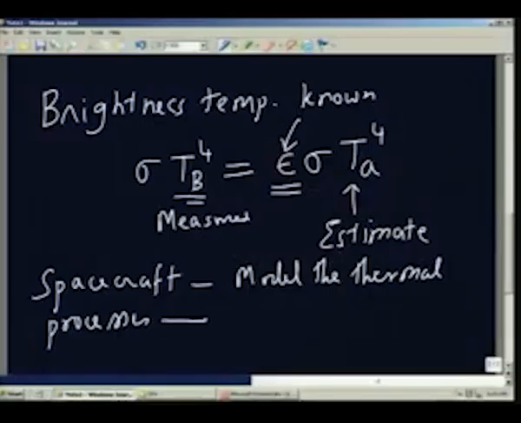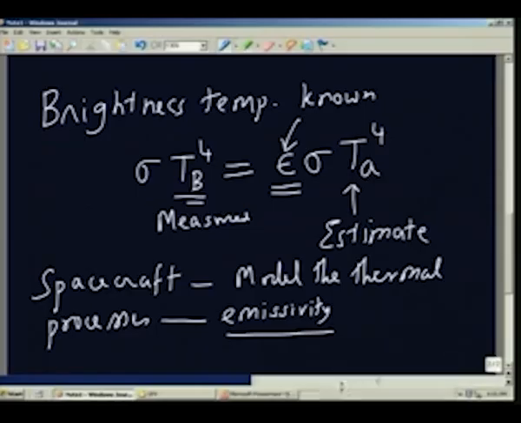The important thing we require is the emissivity, and of course, emissivity also means other properties like absorptivity, because they are related to each other, and then the reflectivity and so on. Emissivity measurement is important. Therefore, we want to look at some of the methods which can be used, and let us look at some of them.